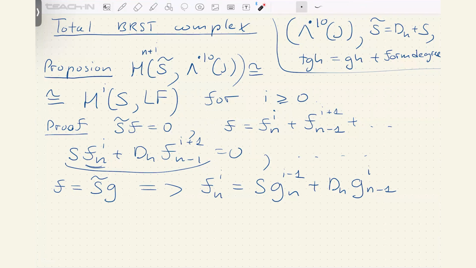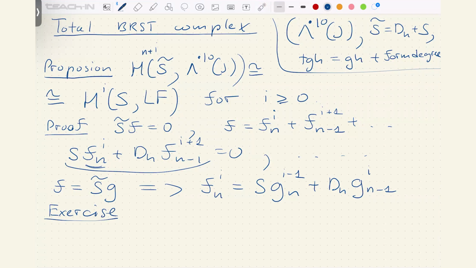Okay, so indeed, we see that this condition implies that the first term, Fn, is a representative of local BRST cohomology, and if F is trivial, so it has the form S twiddle acting on something, then this term of form degree n is again trivial. So it is consistent, but it's not yet a proof.